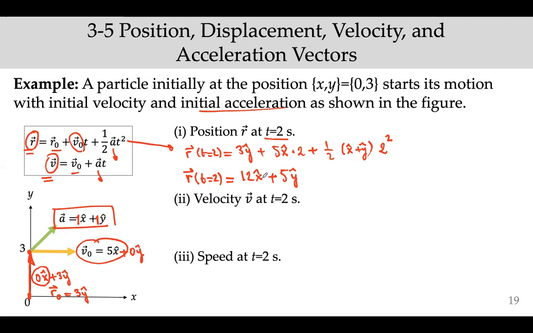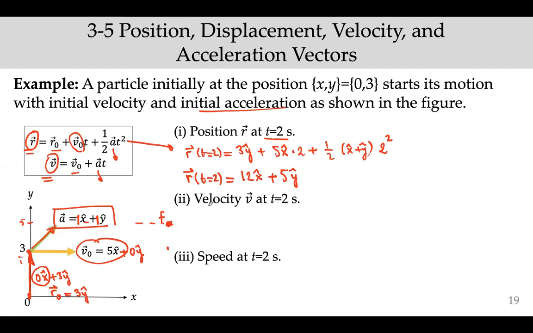Now it's at 12 in x, so let's say somewhere here. And in y, it's not at 3. It actually moved up a little bit, so maybe it's 5 here. It moved from the initial point to this final point. Even though the initial velocity was pointing to the east, it did not go exactly east, but went towards the northeast because there is some acceleration in this direction.